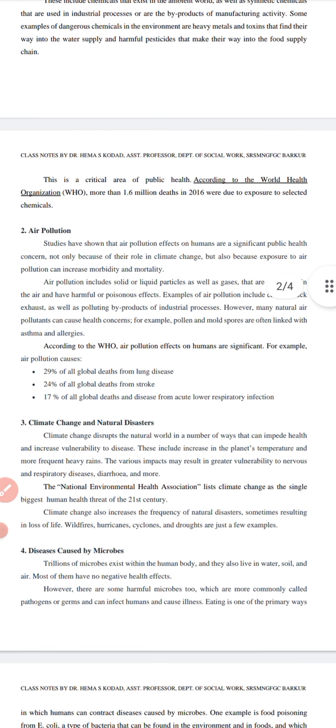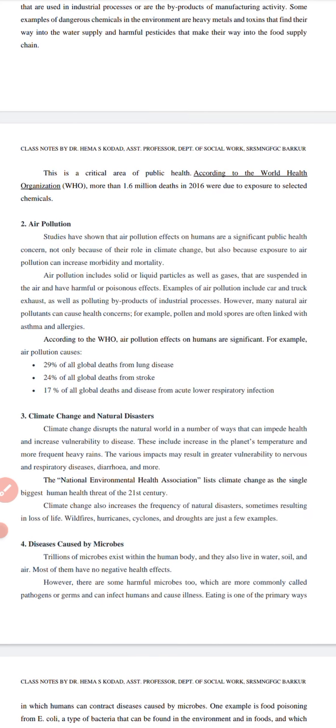We have already studied air pollution in detail, and you can refer to those notes once again for a more detailed understanding of the topic. But I'll just put it in brief here. Studies have shown that air pollution effects on humans are a significant public health concern, not only because of their role in climate change but also because exposure to air pollution can increase morbidity and mortality.